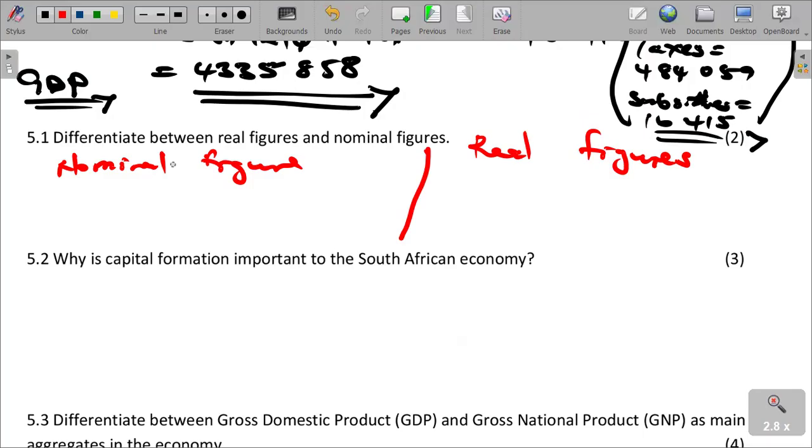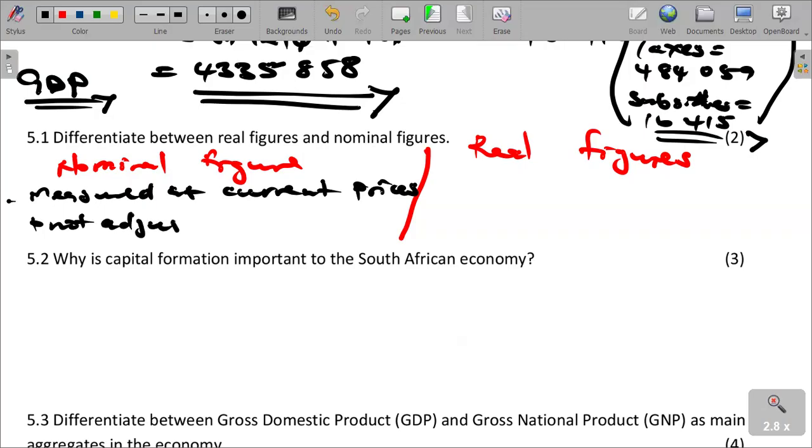In other words, nominal figures are measured at current prices and are not adjusted for inflation.